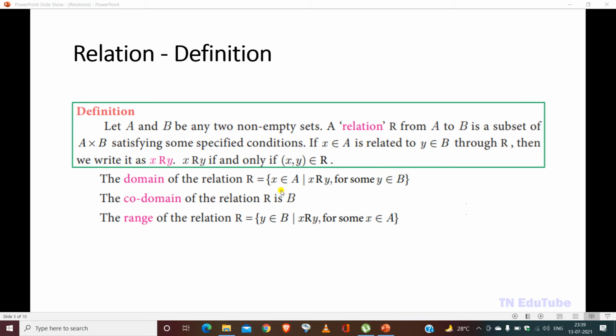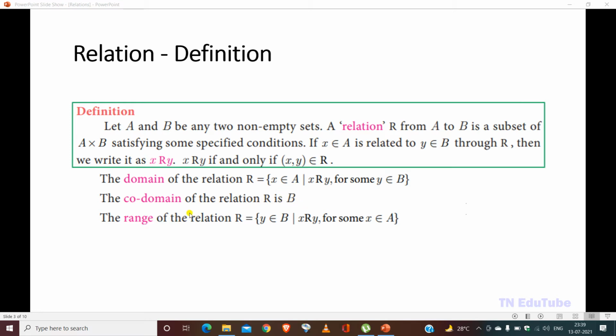The second set fully is called the codomain. In the first set, the elements that are related with an element in B are called the domain. Codomain means the full set B.